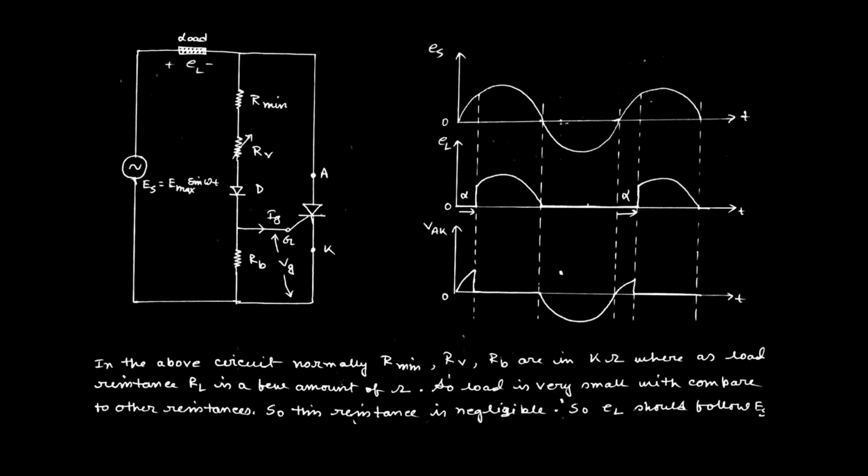To calculate VG max, the maximum allowable voltage across gate to cathode, VG max will appear when E max is maximum. That means VG max equals E max into this resistance, RB, divided by the total loop resistance, which is Rmin plus RV plus RB.